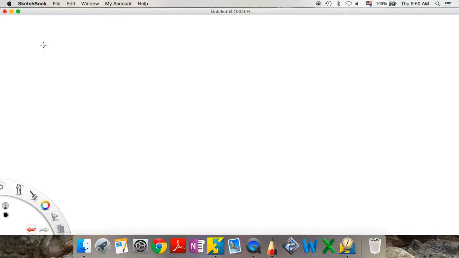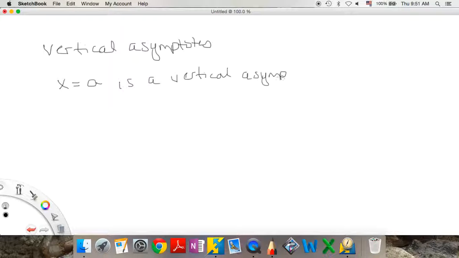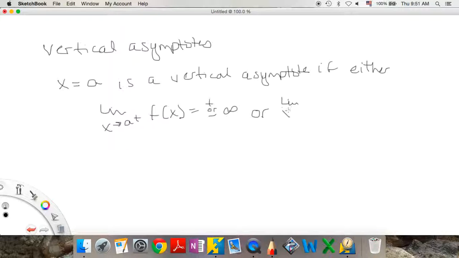Now, vertical asymptotes. Vertical asymptotes are a little bit different. So remember, a vertical line is x equals a number. We'll call that number a. So x equals a is a vertical asymptote if either the limit as x goes to a from the right of the function is positive or negative infinity, or the limit as x goes to a from the left is positive or negative infinity.